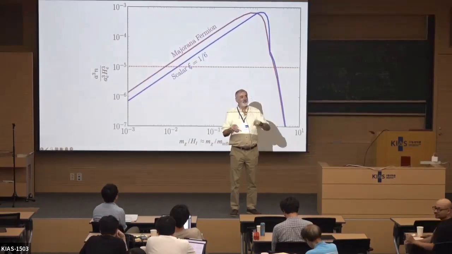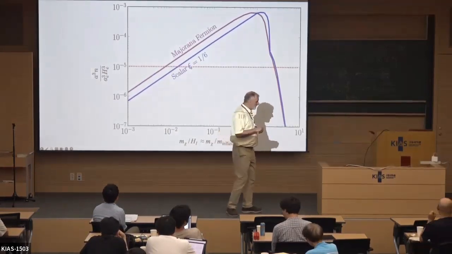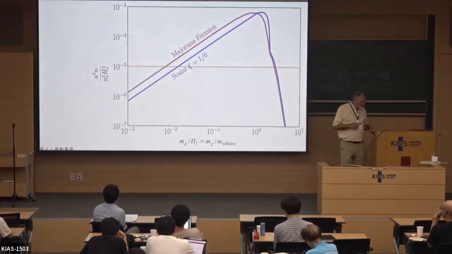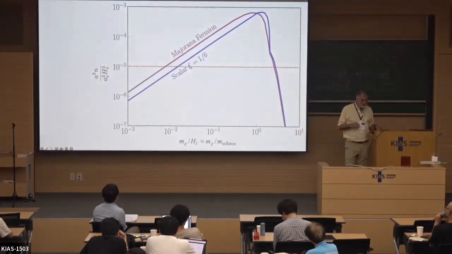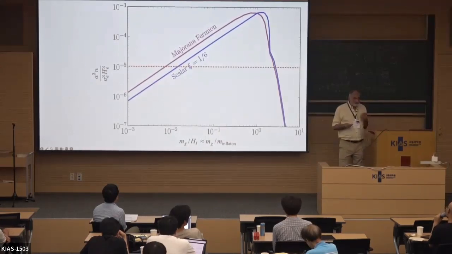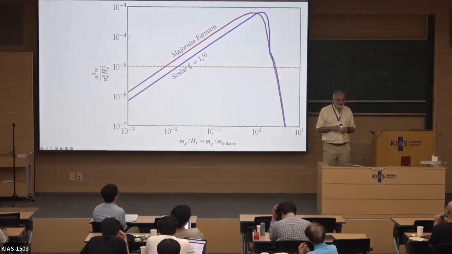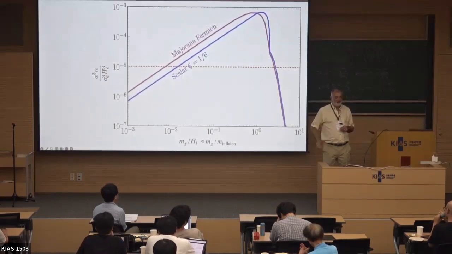Yes, a question up here. I'm just a little confused. Let's say you produce those Majorana fermions. Do they have interactions with other standard model particles? Let's say the decay of the inflaton and the production are happening at the same epoch.